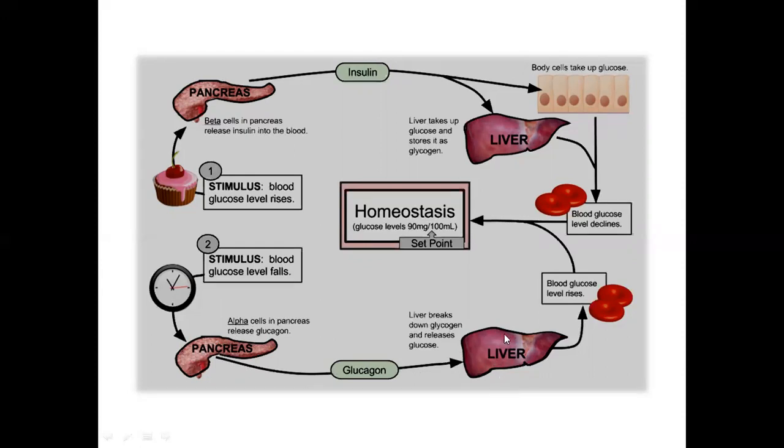The liver helps in the breakdown of glycogen, and that glycogen now gets converted to glucose and is released into the body, thus maintaining the normal blood glucose level. And this entire cycle is referred to as homeostasis.